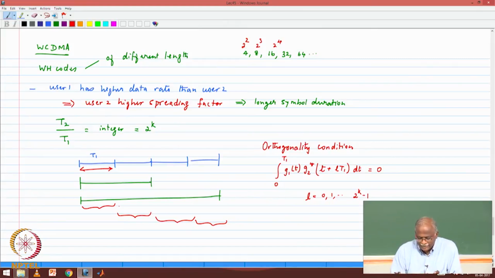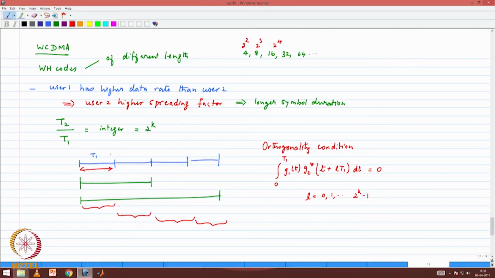So this is the essence of the orthogonality condition. Why? Because the receiver, in order to detect this symbol, will take this portion of the received waveform and apply the correlation based receiver. And therefore, it will correlate with this, and it will get the desired data.